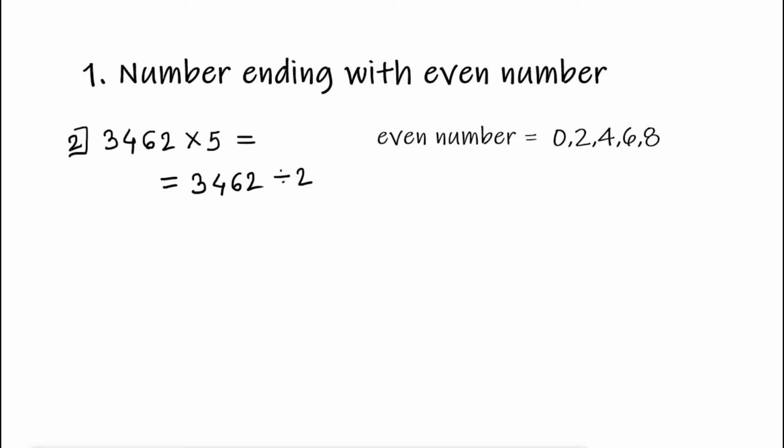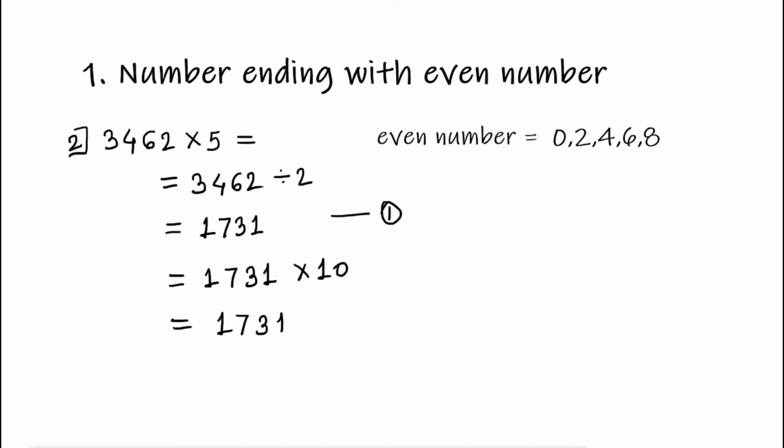The answer is 1731. Now the second step is simply to multiply the answer by 10. 1731 multiplied by 10 gives 17,310. So 3462 multiplied by 5 is 17,310.